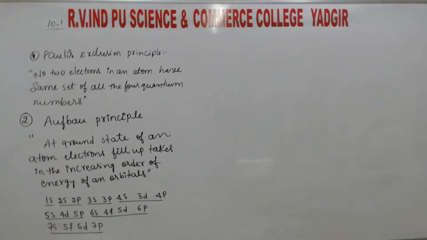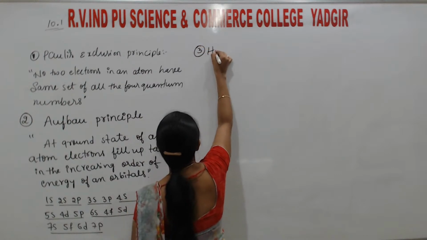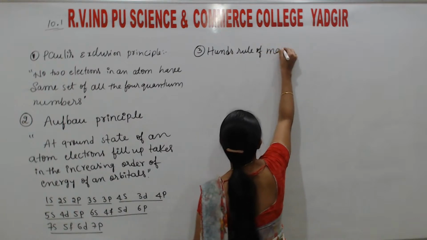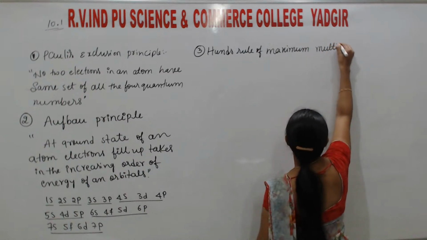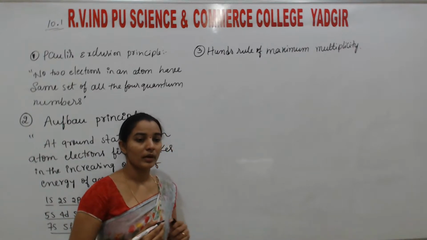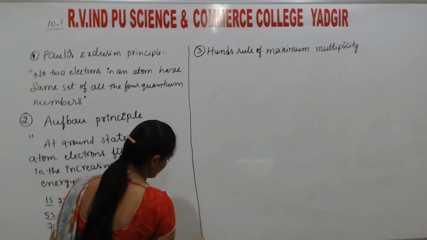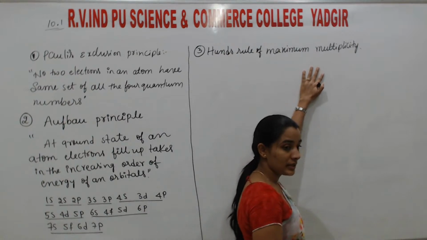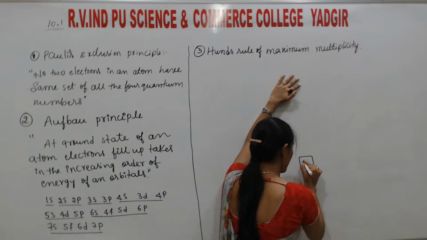Next one is the rule of maximum multiplicity. What does it tell about? Okay, students, remember. So in the orbital, if you take the s orbital, we are writing like this.